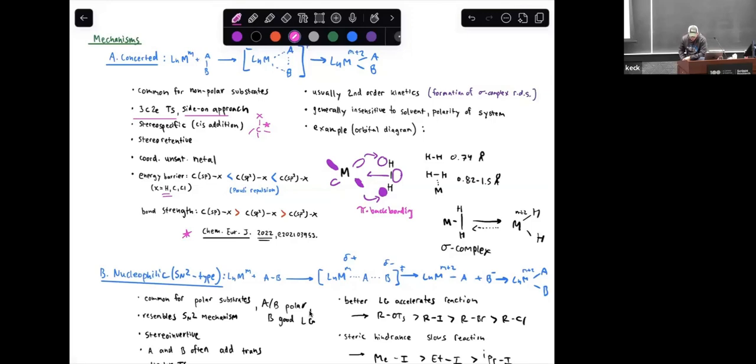So sterics play a really critical role here. And so some of the intuition that you might have just from a bond strength argument is not enough in thinking about reactivity trends here. That's the point that I want to make.